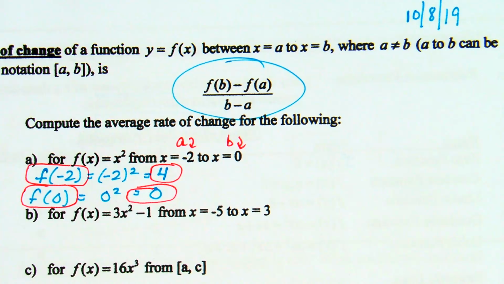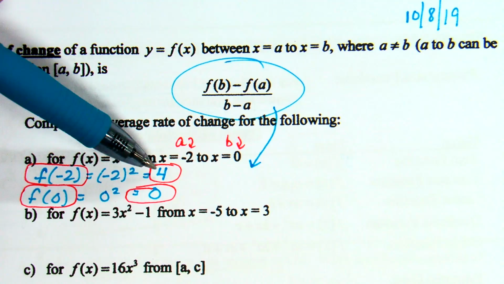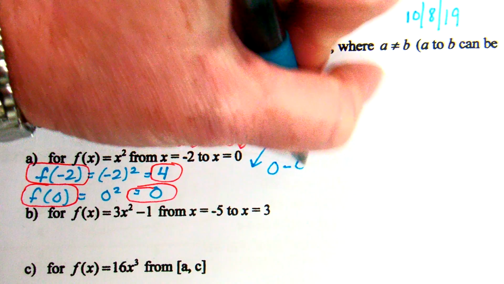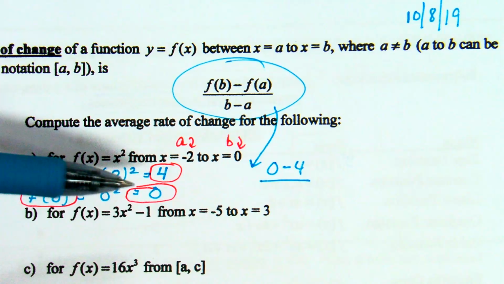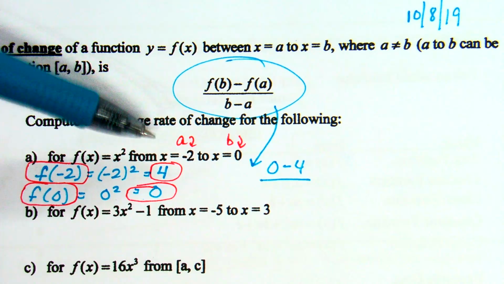Can you set up your fraction for average rate of change then? F of b minus f of a is what goes on top. So what am I doing on top here? If we want to officially keep it in that order, 0 minus 4 over, so if we do f of b minus f of a, then b minus a is going to be 0 minus negative 2.